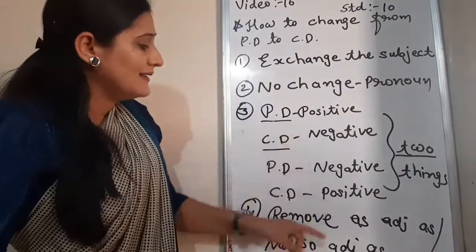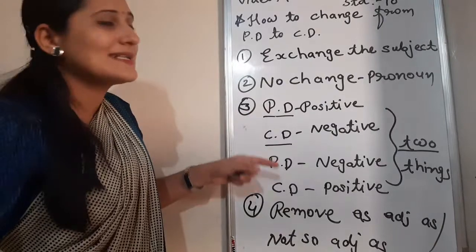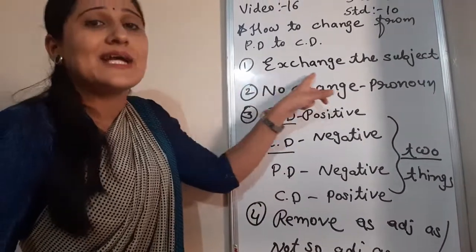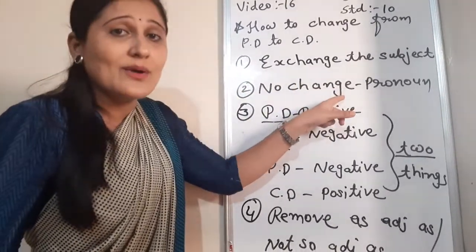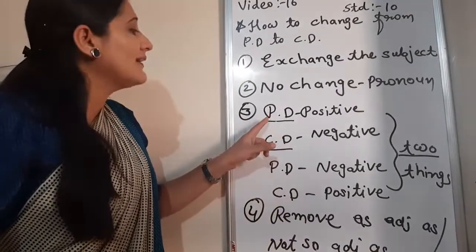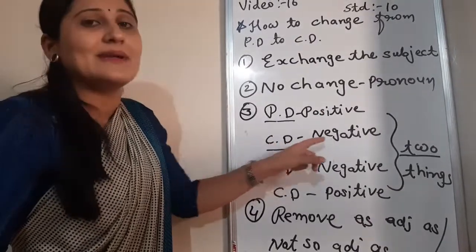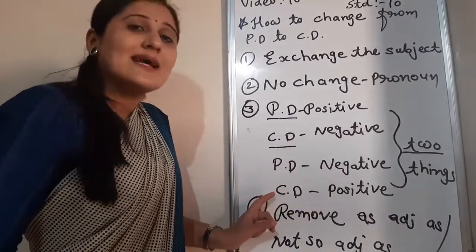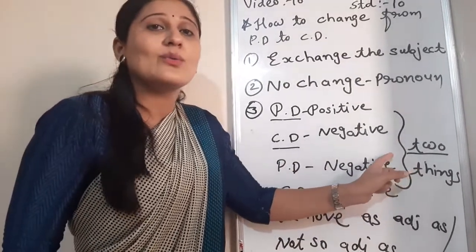Let's have a look one time, then I will talk about 5, 6, 7. There are 7 rules. First one is exchange the subject. Second, no need to change pronoun, I then I, she then she. Then if positive degree is positive, then comparative will be negative. If positive degree is negative itself, then comparative will be positive, especially for two things.